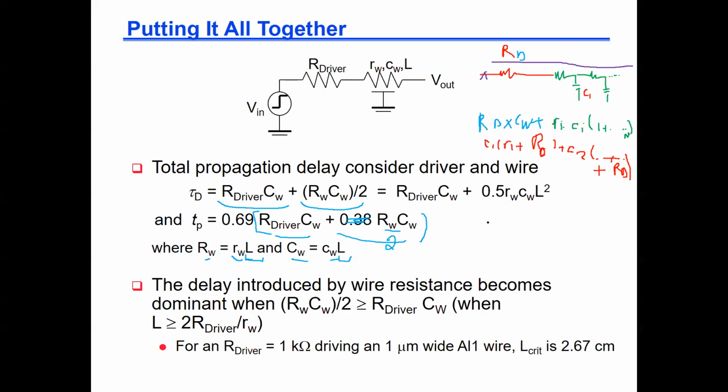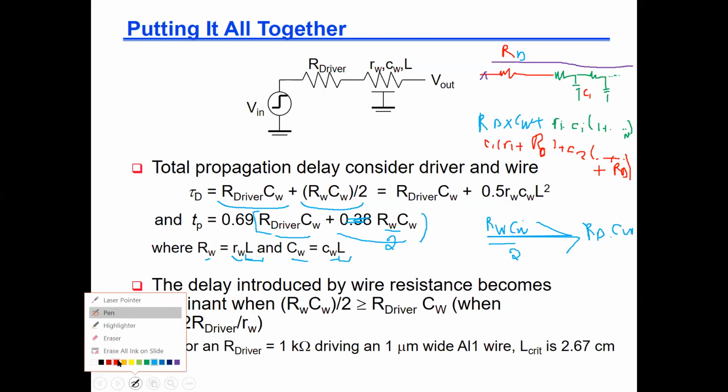So we just say the wire delay is dominant when R_W times C_W over 2 is much bigger than R driver times C_W. Okay, C_W and C_W cancel from both sides, leaving me with the R driver.